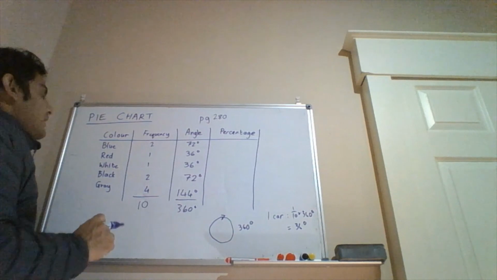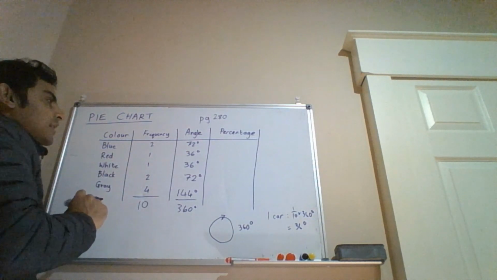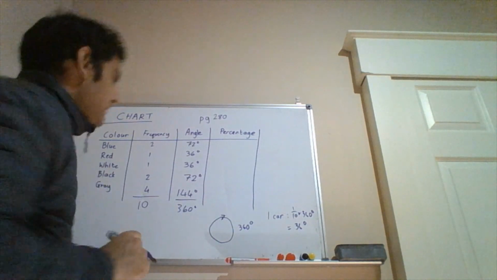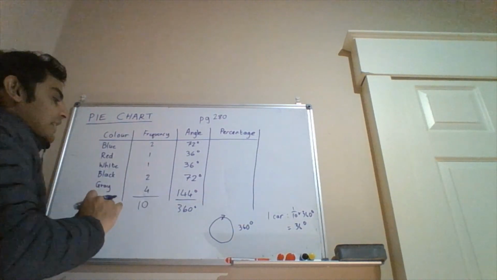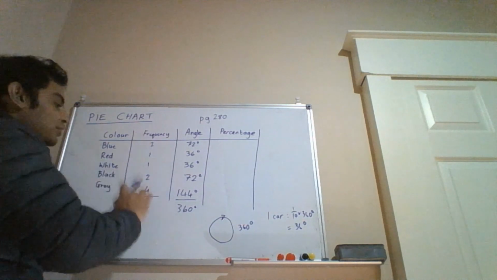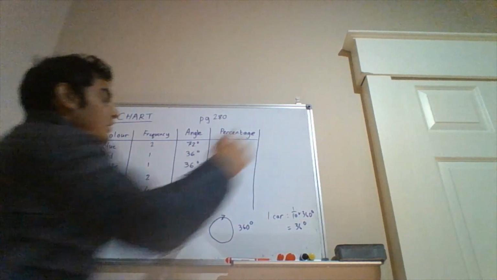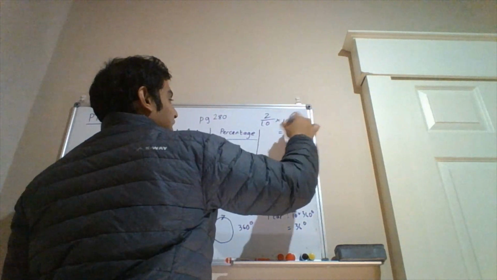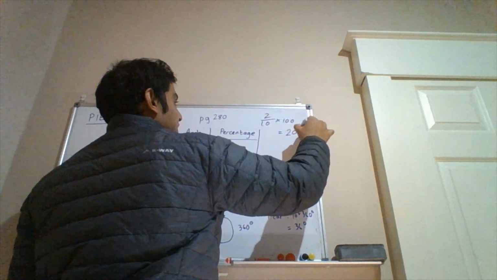Okay, lastly we have percentage. So percentage can be calculated from the frequency. For the first color, we have 2 out of 10 times 100, and that should be 20%.